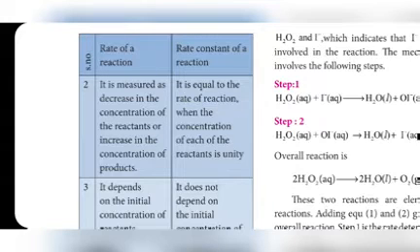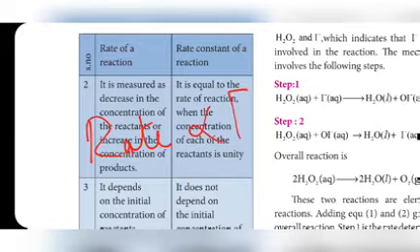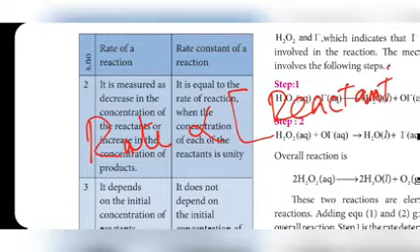Rate constant is equal to the rate of the reaction when the concentration of each of the reactant is unity. This is also simple. See here, rate is directly proportional to initial concentration of reactant.